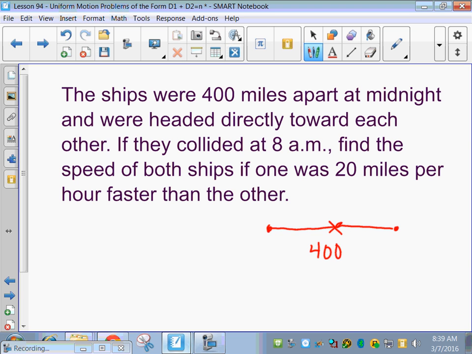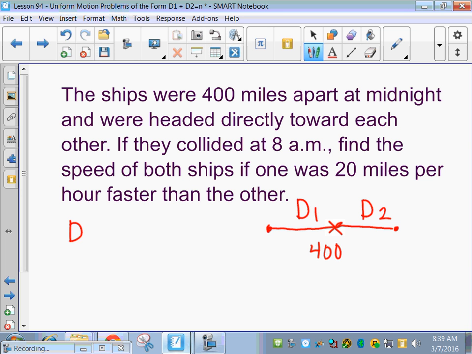Total distance is still 400 miles here. If they collided at 8 a.m., yikes, find the speed of both ships if one was 20 miles per hour faster than the other. All right, so first we've got the two different ships. It doesn't specify, so we'll just do distance 1 and distance 2.